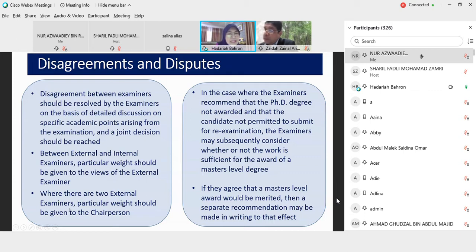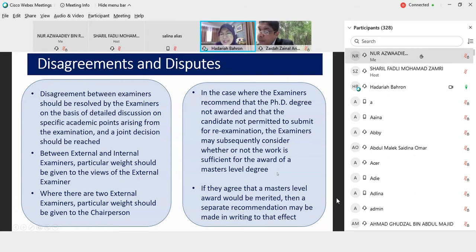Where there are two external examiners, particular weight should be given to the chairperson. Now this is where the chairperson steps in when there is disagreement and dispute. In the case where examiners recommend that a PhD degree is not awarded and that the candidate is not permitted to submit for re-examination, this is a very, very sad case, the examiners may subsequently consider whether or not the work is sufficient for the award of a master's level degree.